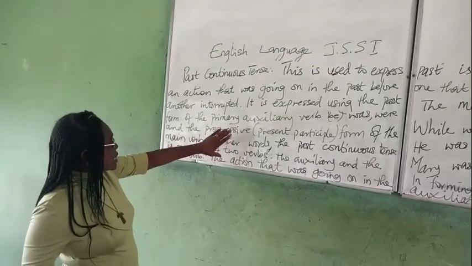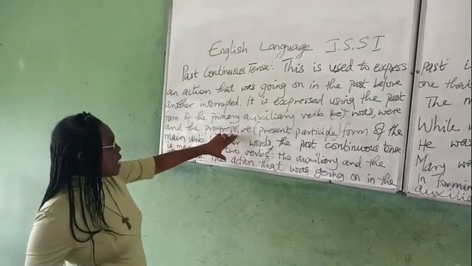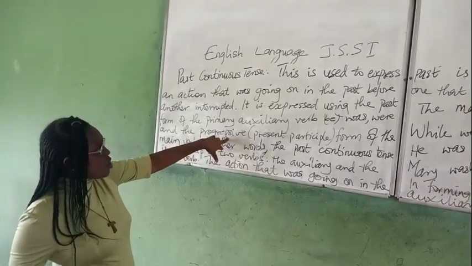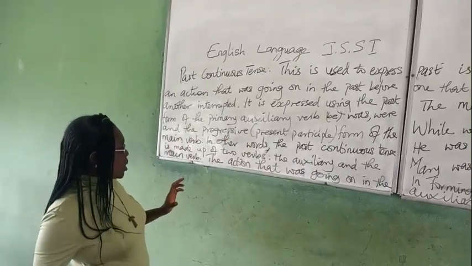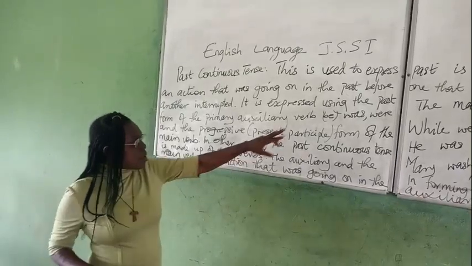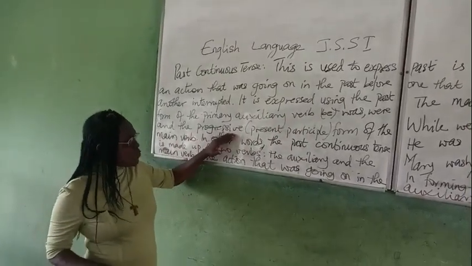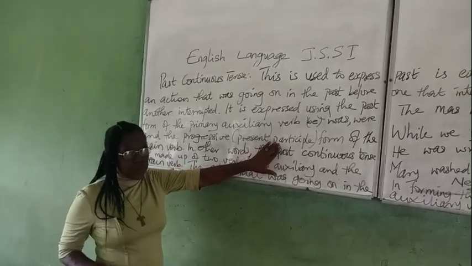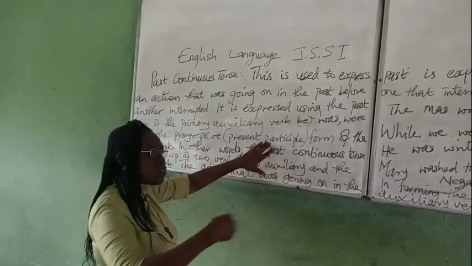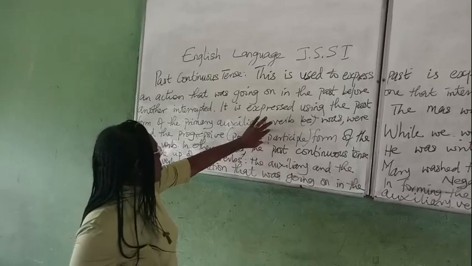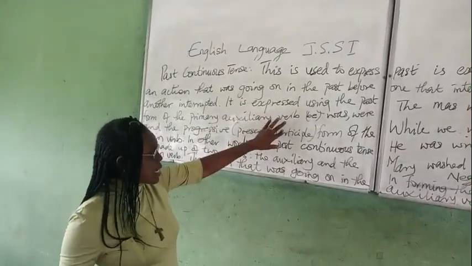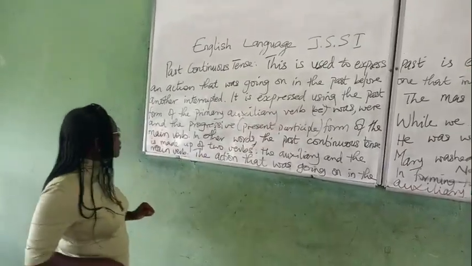You notice that for the past continuous tense to be complete, you have the auxiliary and then the main verb in the progressive form. That is the present participle, adding ing to the main form of the verb. That is what we mean by progressive or the present participle.